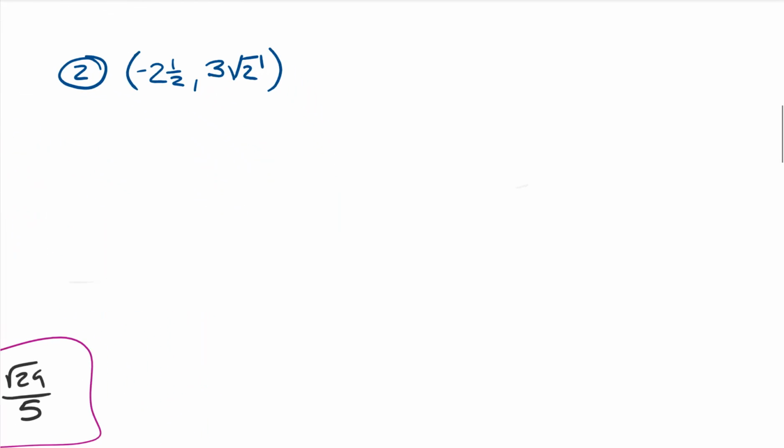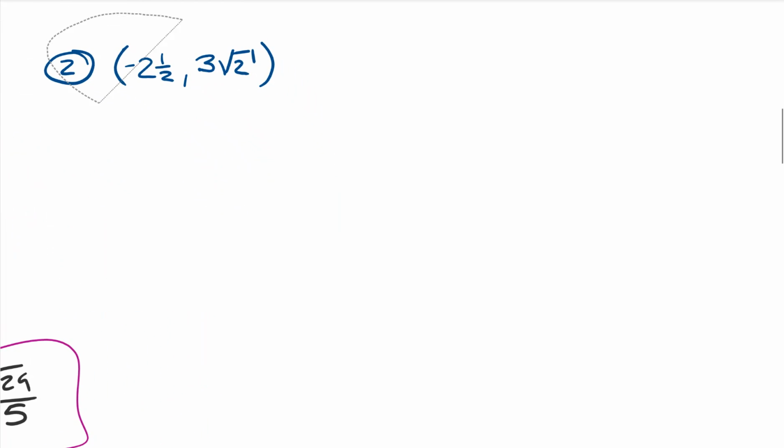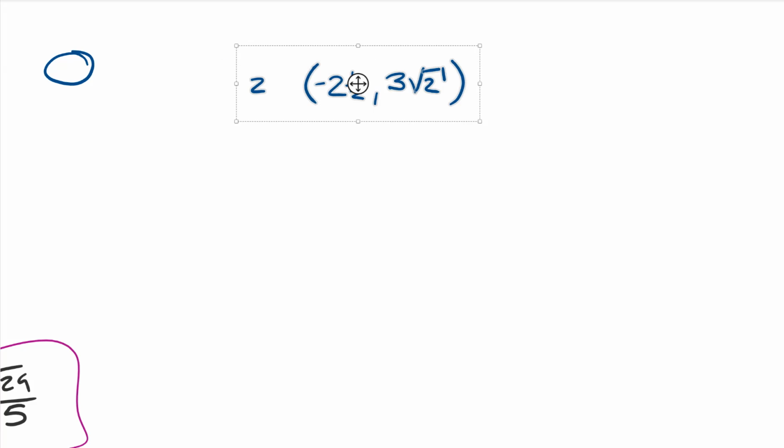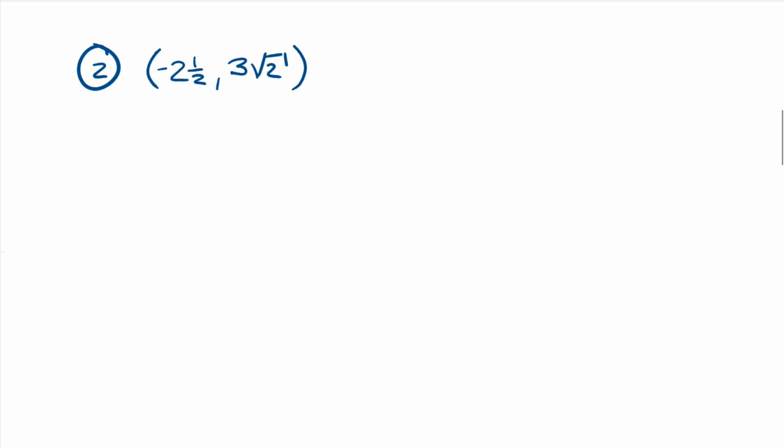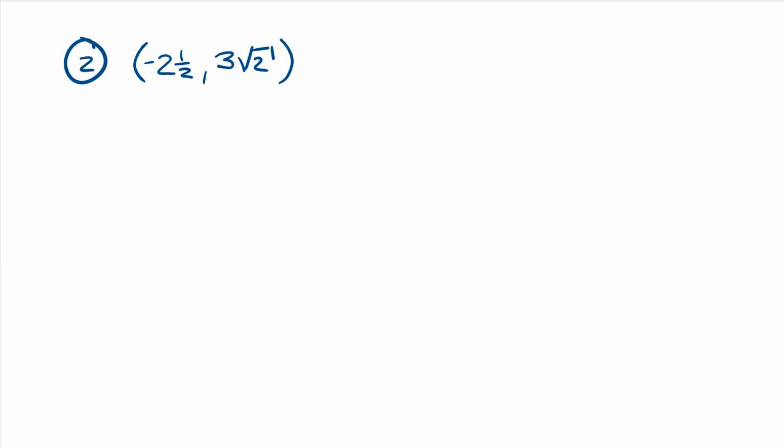Now this one is much more of how's your arithmetic? How's your algebra? How we feeling on this? We've got -2.5, comma 3 root 2. I'm immediately calling this -5/2 because 2.5 is great to speak. It's terrible for math.